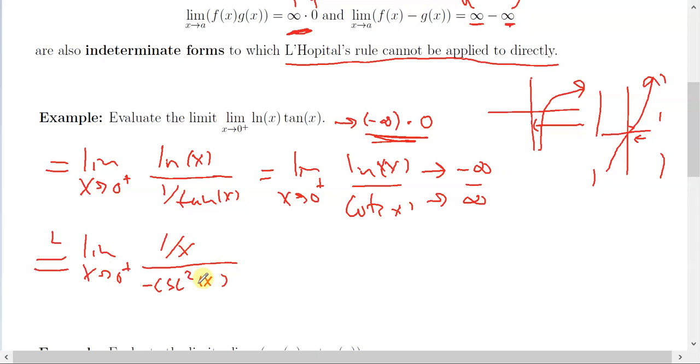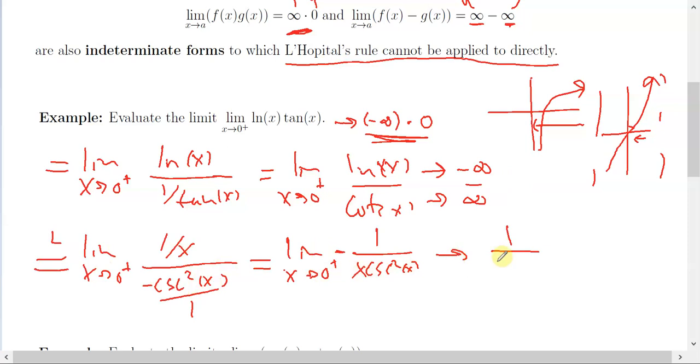And I'll do the algebra that's allowed here, which is this. I'll flip this fraction over, and what I end up with is the limit as x goes to 0 of 1 over, there's a minus, I'll put it out in front, x cosecant squared x. As x goes to 0, I've got cosecant squared, which is 1 over sine squared. And so I end up with 1 in the top.